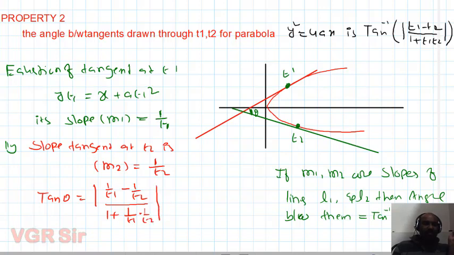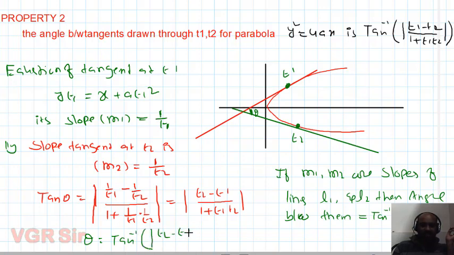Obviously here t1 and t2 are non-zero numbers, that's why I can take the LCM. Then we get (t2 minus t1) by (1 plus t1 t2), or in other words theta equal to tan inverse of modulus of (t2 minus t1) by (1 plus t1 t2).